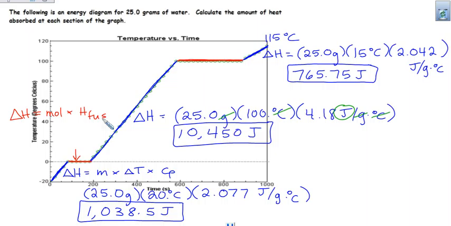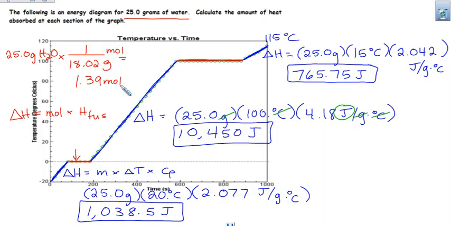So earlier in the problem, they told me that I have 25 grams of water. So let's take that 25 grams and we'll quick switch it into moles. Cancel grams. We want moles. 1 mole of water contains 2 hydrogen and 1 oxygen. So if I add them up on my periodic table, it's a little over 18. And, oh gosh, let's keep it at like 3 sig figs. 1.39 moles.